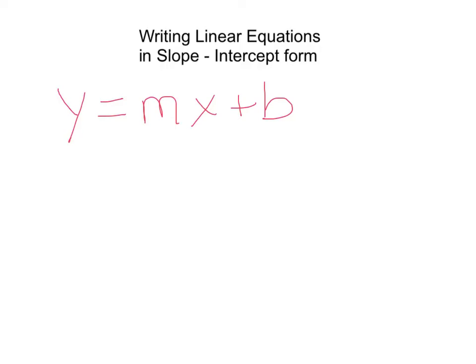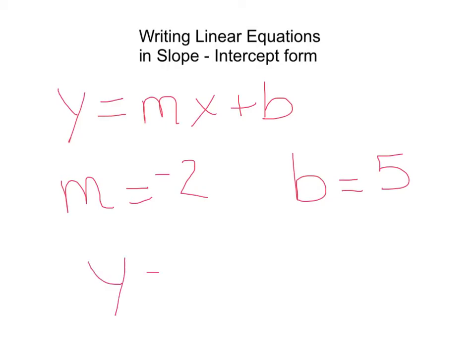There are a few things that Chapter 5 reviews for us, and that is writing an equation of a line when slope is given. So we know that slope is m equals negative 2, and we are given the intercept of b equals 5. It should be very simple for you to remember how to write the equation: y equals negative 2x plus 5.